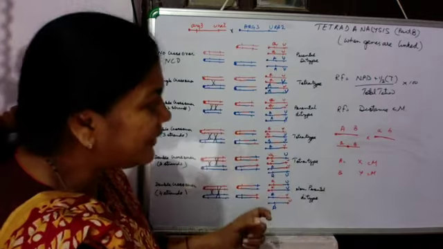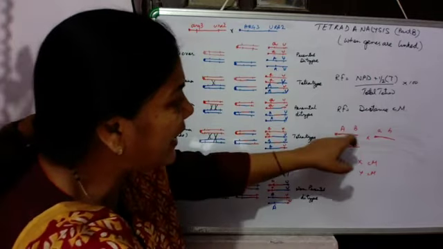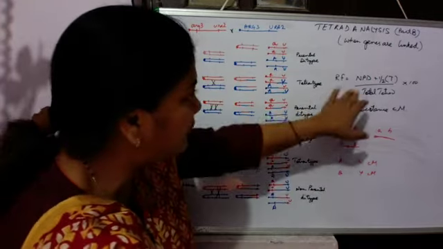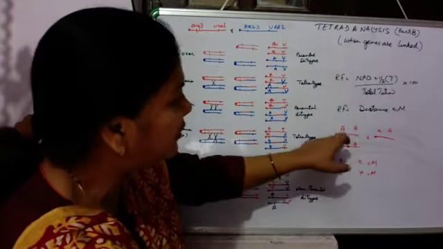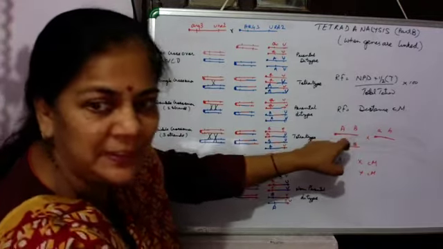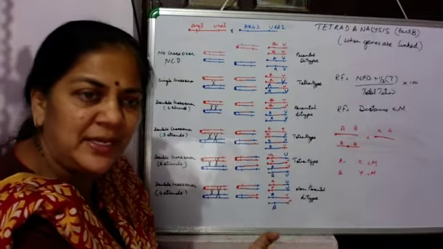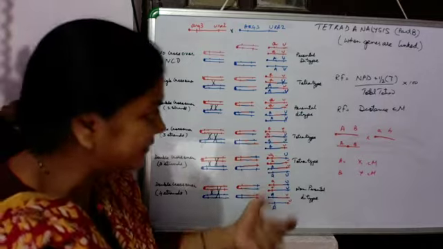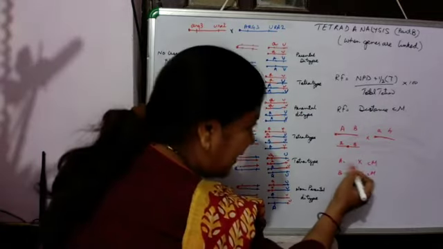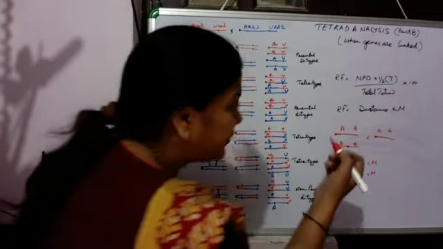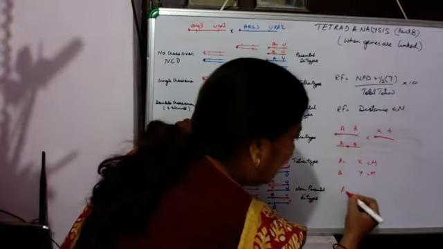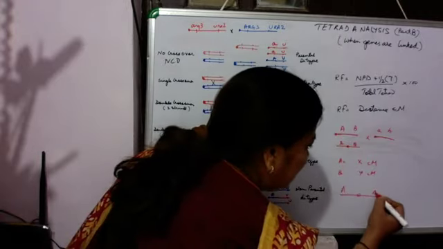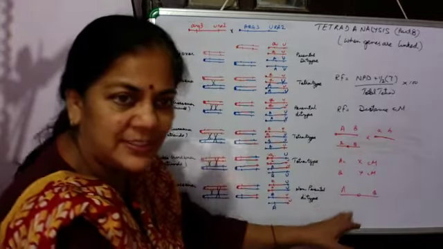Now, you find out the distance between A and B using this formula. If the distance between A and B exceeds the distance of A from the centromere as well as that of B, then you know that A and B are on two sides of the centromere.